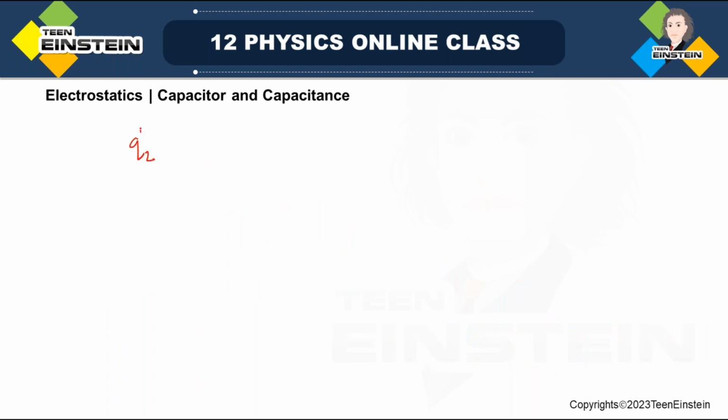And Q2 prime, in the same way, will be C2 by C1 plus C2 into Q1 plus Q2, so this will be 3 microcoulomb.